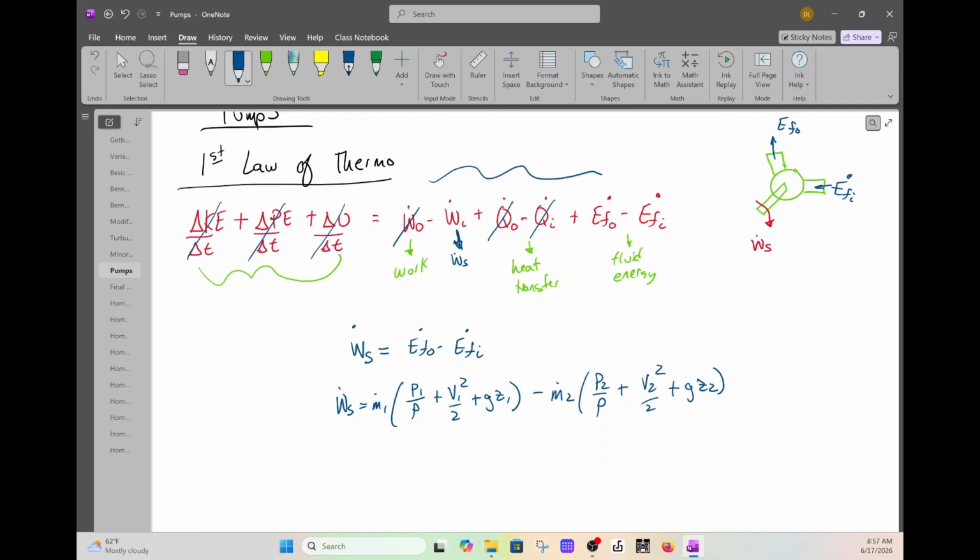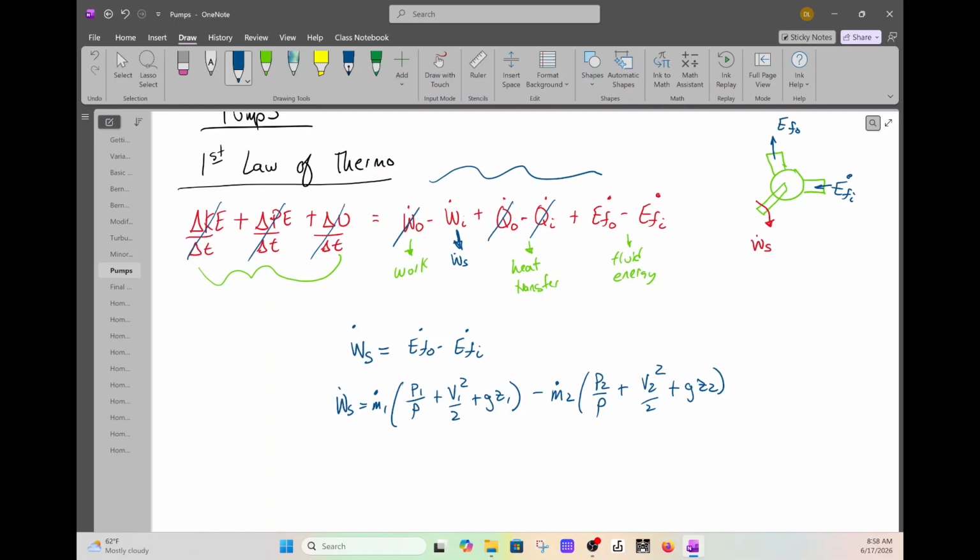Now there are a few things I'm missing, but for what we're trying to accomplish in this video, this is good, okay? So fluid energy, you have to multiply by mass flow rate times basically the Bernoulli's. And that becomes now basically a watt or energy per unit time, okay?